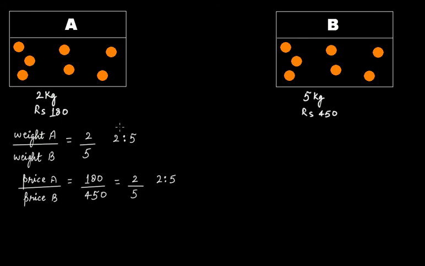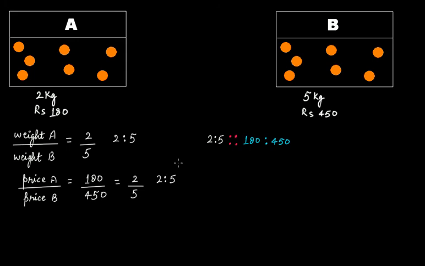Since this is also 2 ratio 5, that means the ratio 2 to 5 is in proportion to the ratio 180 to 450, because when we simplify it, we get the same ratio.